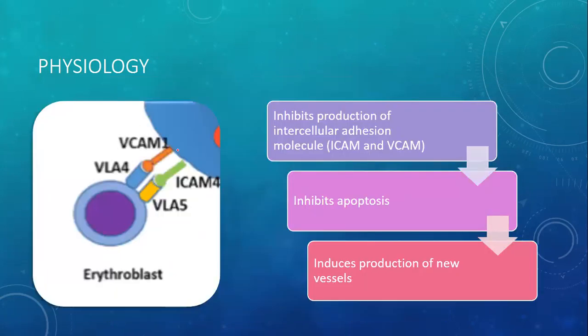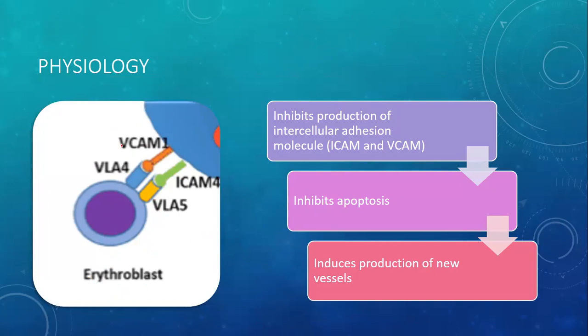So here we have this cell, this blue one is a stromal cell, okay? And this cell is an erythroblast, which is a predecessor of red blood cells, right? You already know this. So this predecessor of red blood cells stays inside the bone marrow thanks to these molecules, okay?